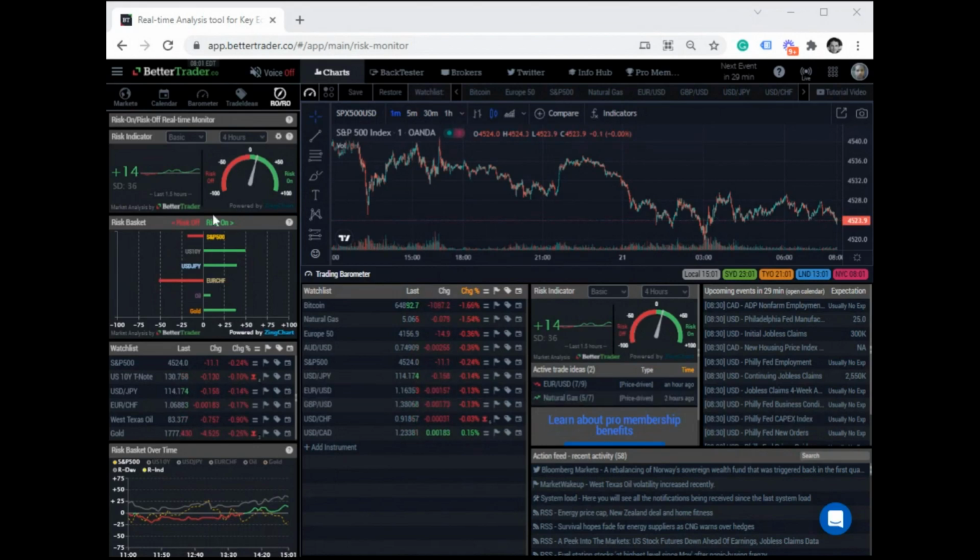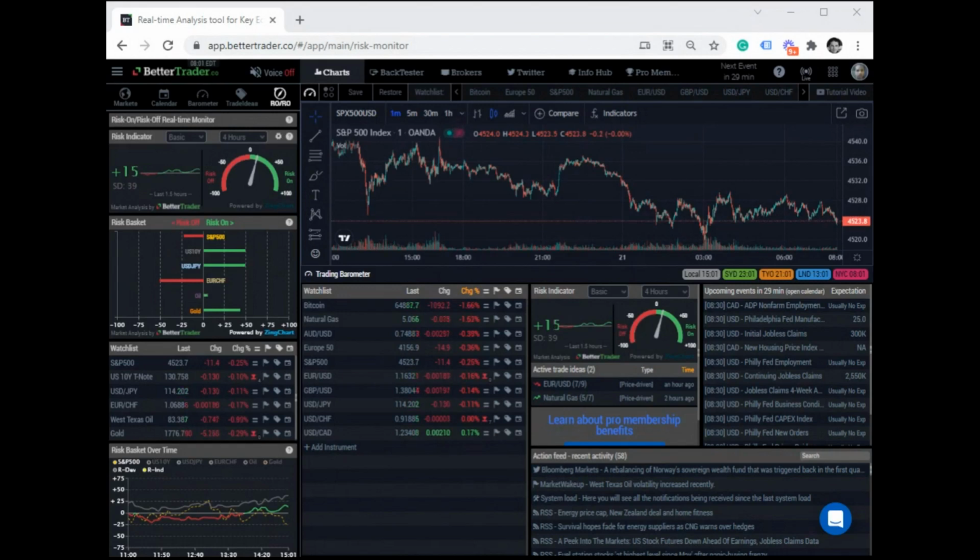Now let's see how it's built. The risk index measures the flow and momentum between different asset classes. In general, when the market is positive and there is a good mood, traders sell gold, buy S&P, buy oil, sell government bonds.